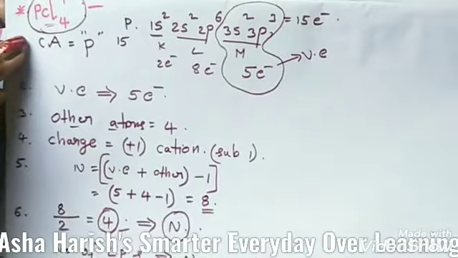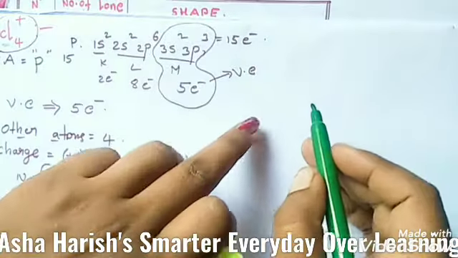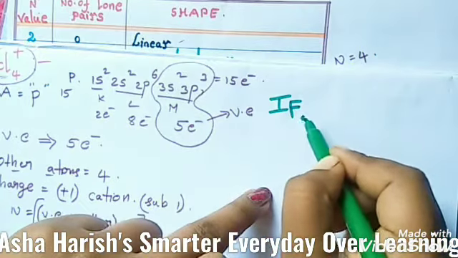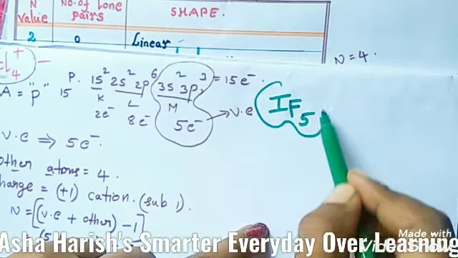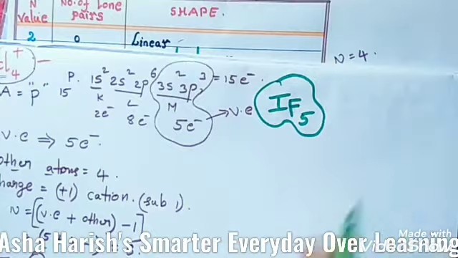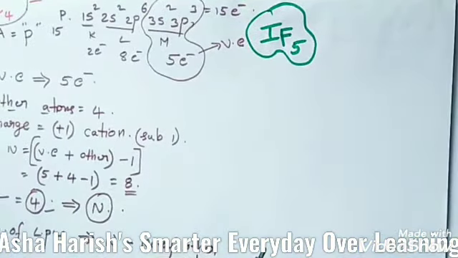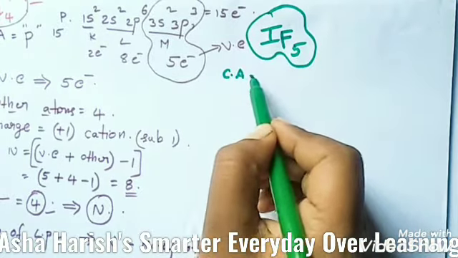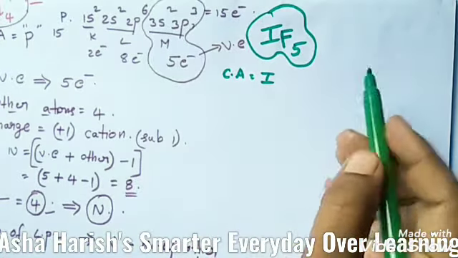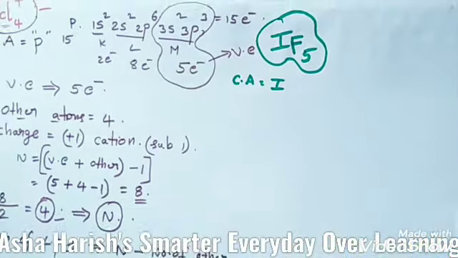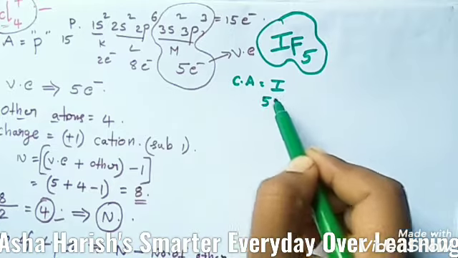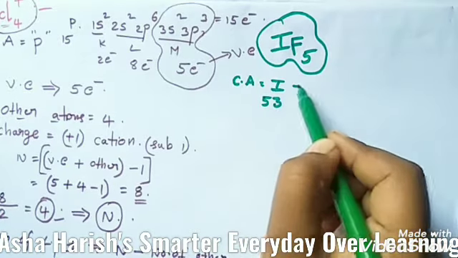Let's see example number 2. The second example I have written here is IF5. You just need to identify the molecular shape. Here the central atom is iodine. Now you need to identify the valency electrons. Before that, what is the atomic number of iodine? You have to know: iodine is 53.